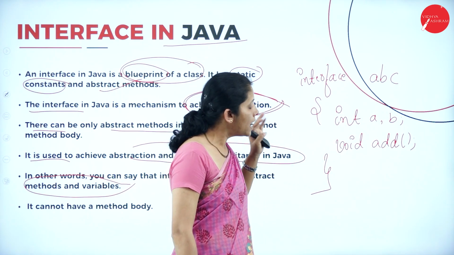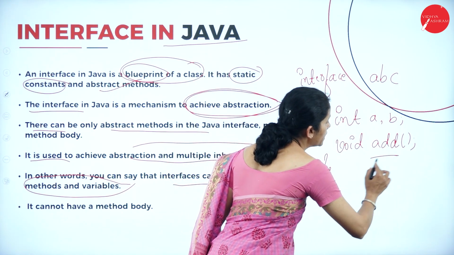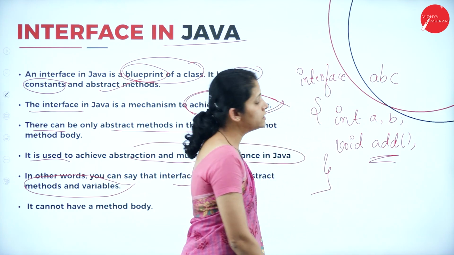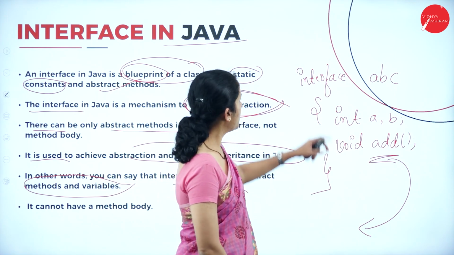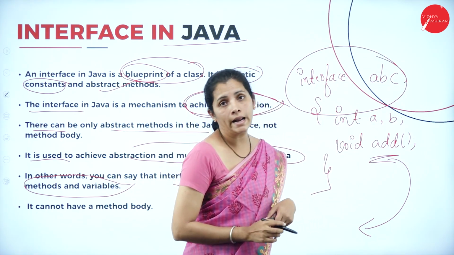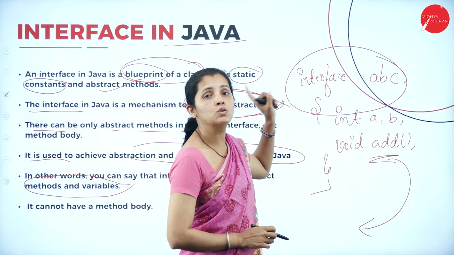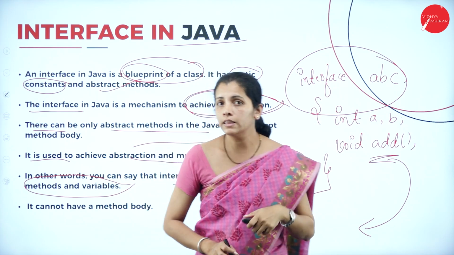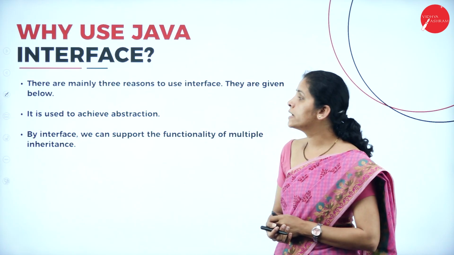Here I'm having only an abstract method, and I'm going to write the body of this method in my subprogram, and I'm going to treat this interface as my parent or my super class or super interface.